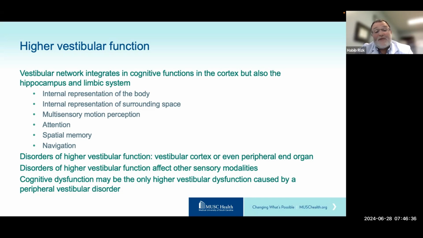So higher vestibular function can be affected by a lesion of the vestibular cortex or even the peripheral end organ. Disorders of higher vestibular function can affect other sensory modalities. And sometimes cognitive dysfunction could be the only higher function disrupted by a peripheral end organ.